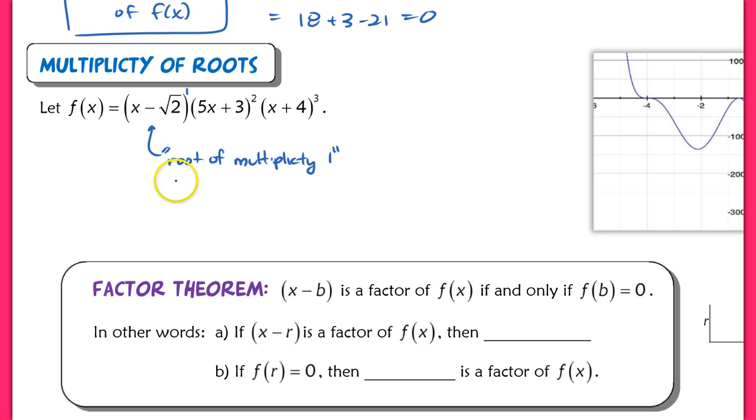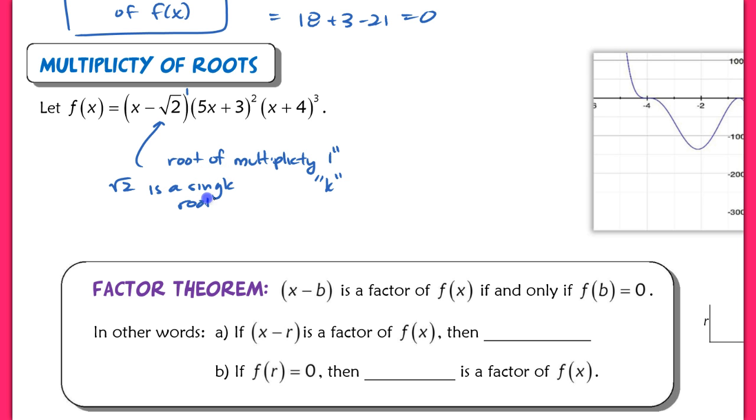In other words, you can use the same phrase, root of multiplicity k or n or whatever, where n just signifies the degree of the linear term. Okay, so we would say that this is a root of multiplicity 2, and I like to just say things like the square root of 2 is a single root.